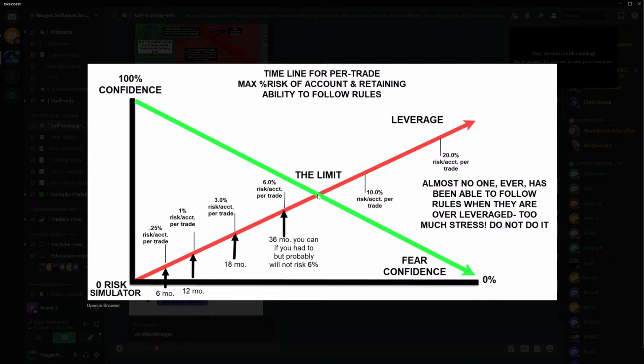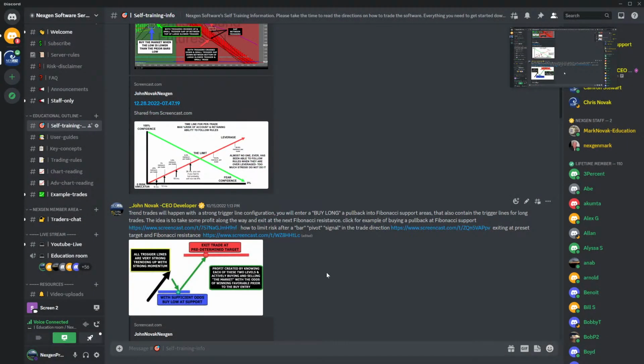And if you risk too much real money, then what I have found is that almost nobody is able to follow the rules of their plan when they're over leveraged. And this is universally true. The more you risk, the less apt you are to follow rules.